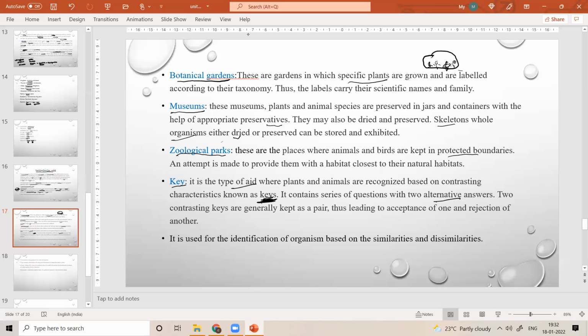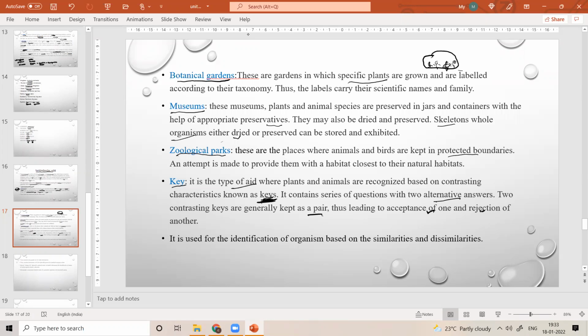If it is yes, we can take it into one category, and if it is absent, we simply consider it as unrelated. So two contrasting keys are generally kept as a pair: presence of tail or absence of tail. They are kept as a pair, leading to the acceptance of one organism and rejection of the other.